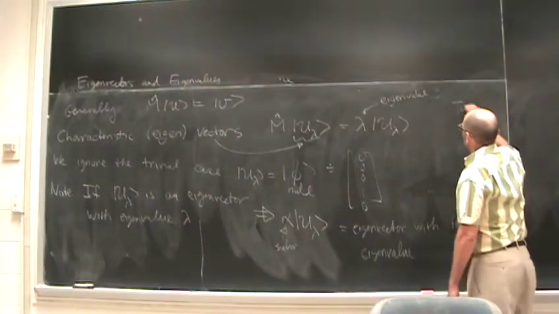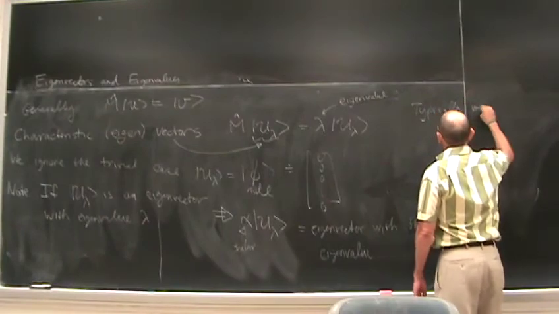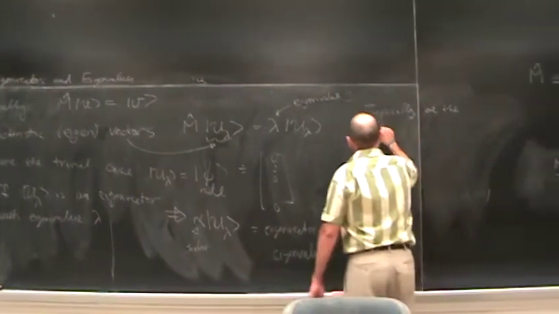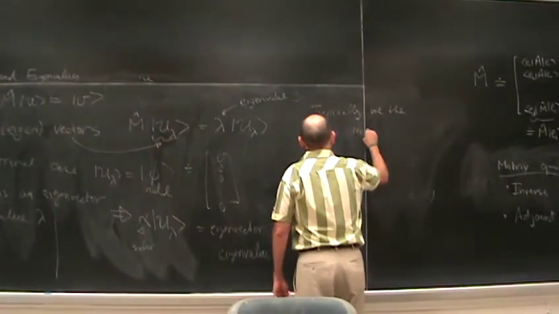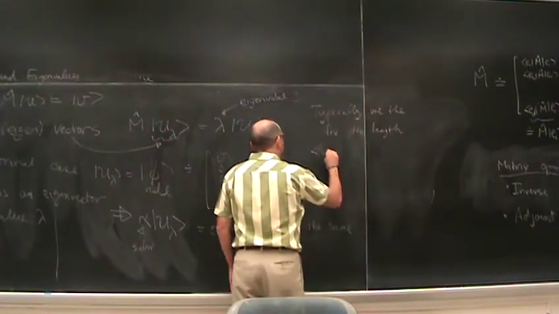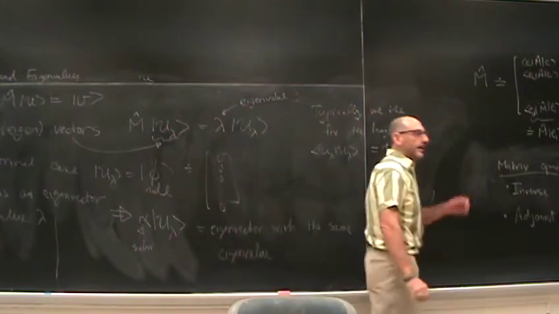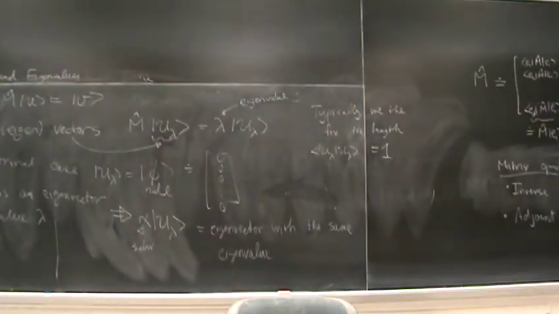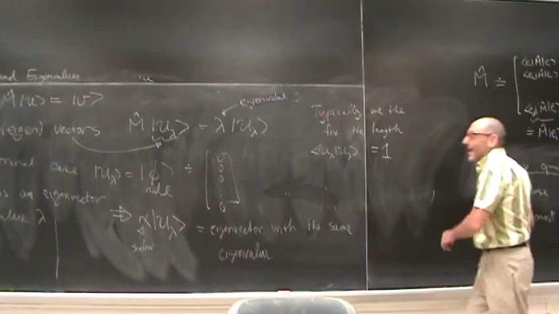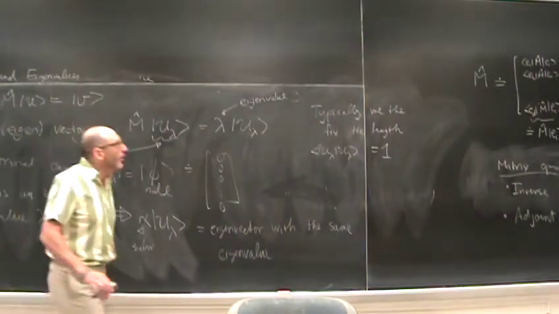So typically, we fix the normalization, or the length, such that it's a unit vector. That doesn't yet completely specify the eigenvector, because I can multiply it by a phase, and it would still have norm 1. All right.